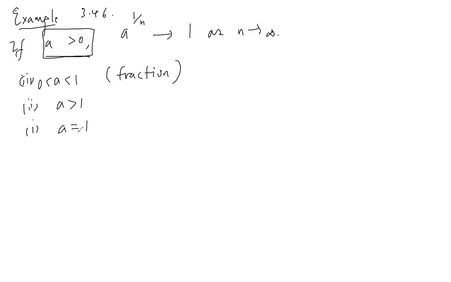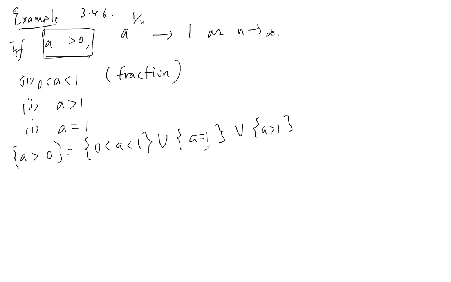And these 3 cases cover the case of a greater than 0, because the set a greater than 0 is the same as this set union this set union this set, okay? So we'll talk about these 3 cases separately so that the idea is clear. So case 1 is this one, yeah? When your a is equal to 1, then this is trivial, right?